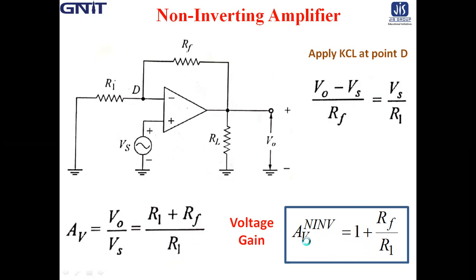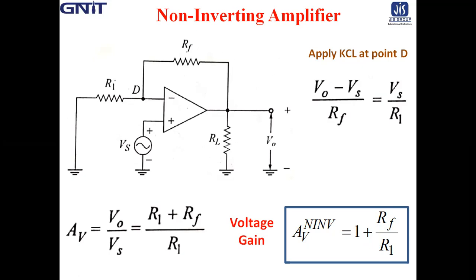It is a very important expression, and it is clear that the voltage gain is always greater than unity by a factor of Rf by R1, that is, 1 plus Rf by R1. So the voltage gain is always higher than 1. So this is the non-inverting amplifier.